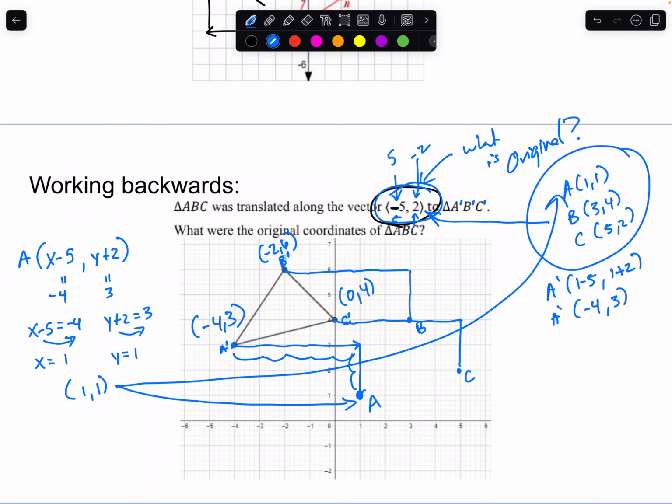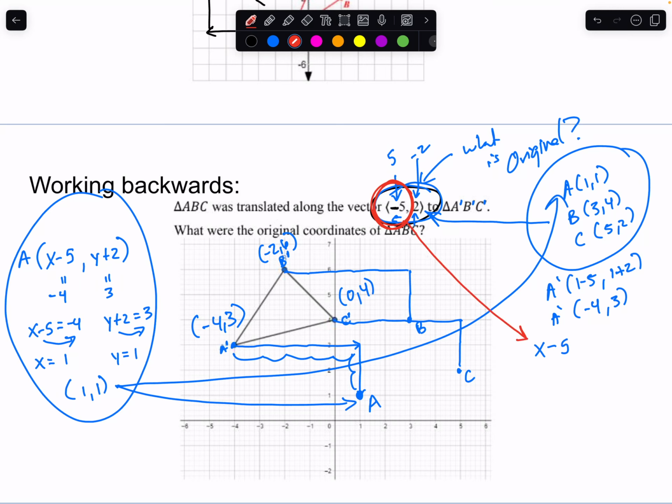So what is it that I did here? Let me explain this using a different point. I'm trying to find the original point knowing the outcome. To the original point, I'm going to subtract 5 on the x value. This comes from here, from the vector. The original x value, if I take away 5, I should land at negative 2.